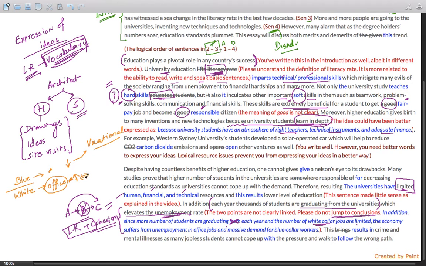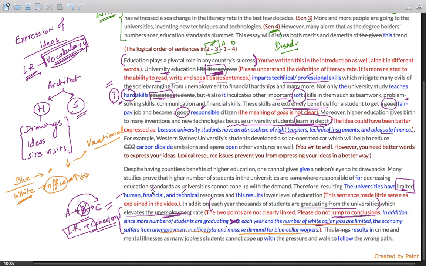And these people are accountants, engineers, mostly theoretical people, and number of commerce students and those category of things, humanities. And since more people are into these things, education related to white collar jobs, but the number of white collar jobs are limited, so the economy suffers from unemployment in office jobs and massive demand for blue collar workers.